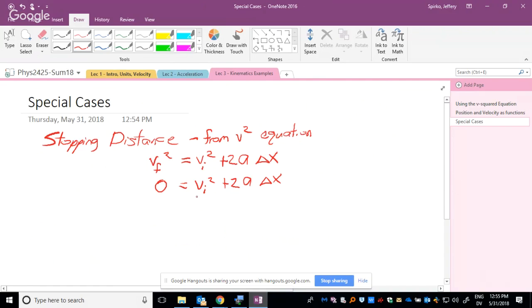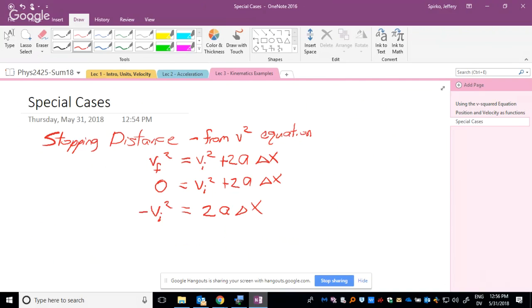And we can move this around a little bit and say minus v_i squared is equal to 2a delta x. Now, in this deceptively simple equation, there's an explicit minus sign on the left-hand side. That's part of the equation. It happened because I subtracted v_i squared from both sides.